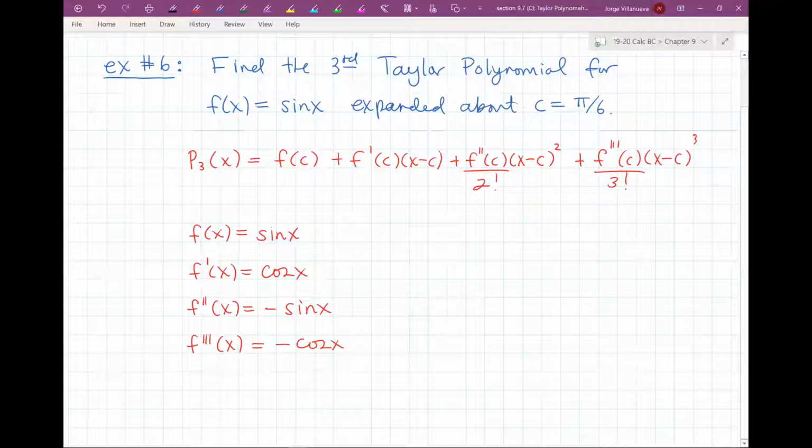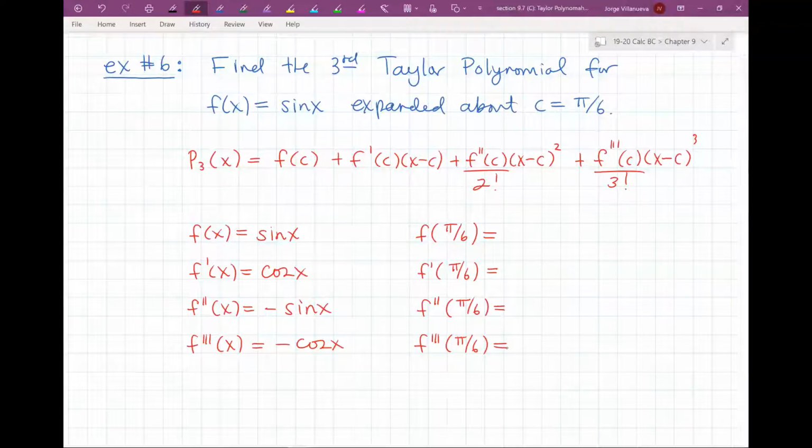Now what I'm going to do is plug my center into those functions. So f of pi over 6, f prime of pi over 6, f double prime of pi over 6, and f triple prime of pi over 6. Now, sine of pi over 6 is a half.